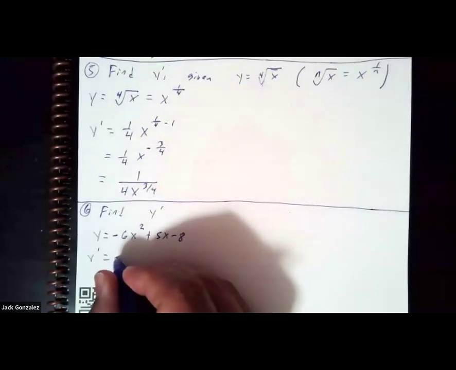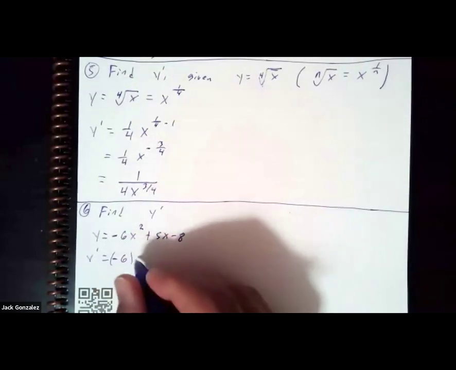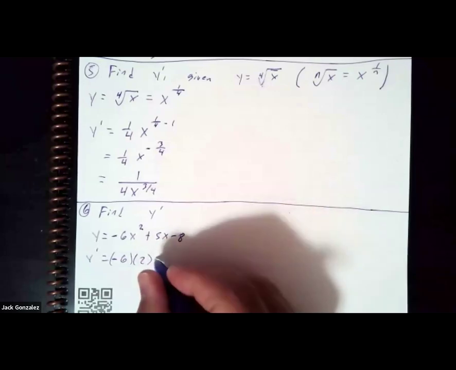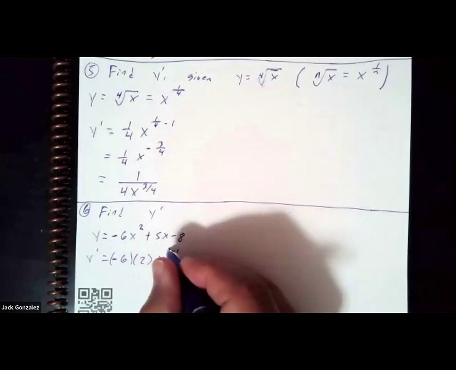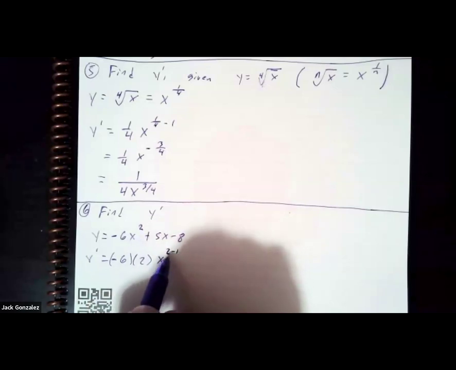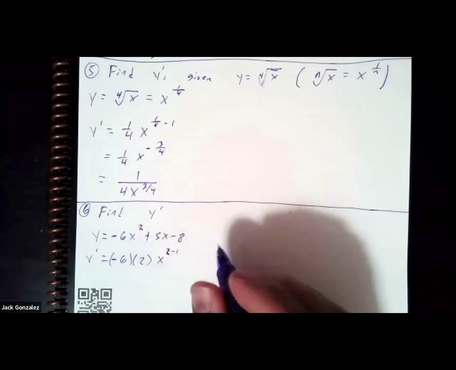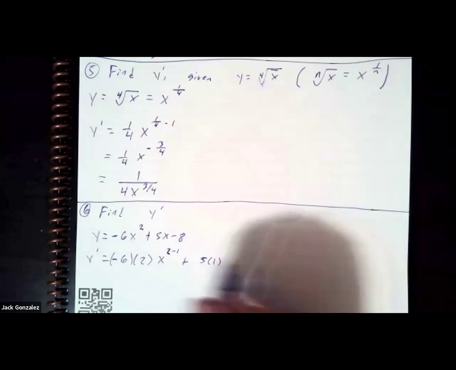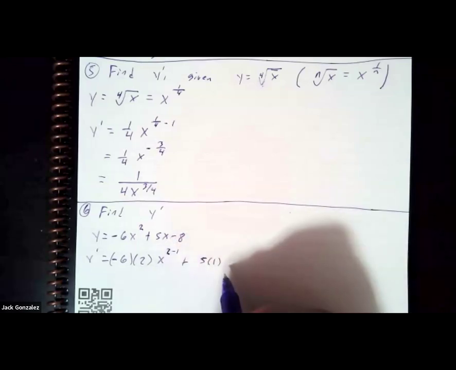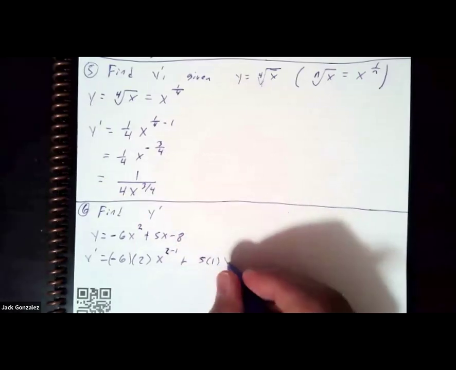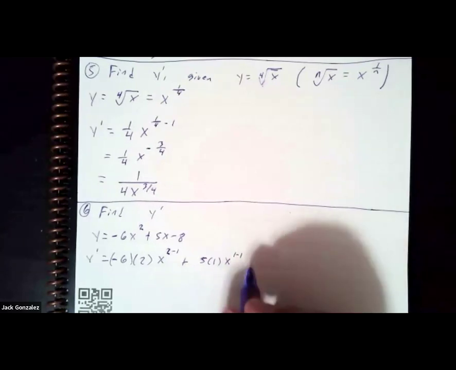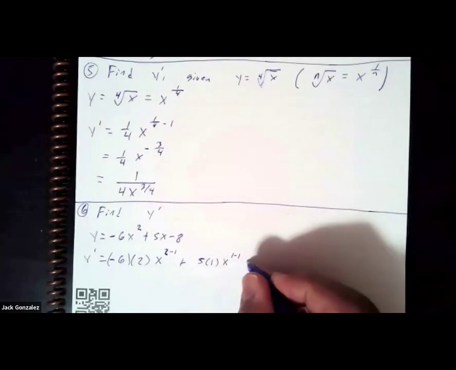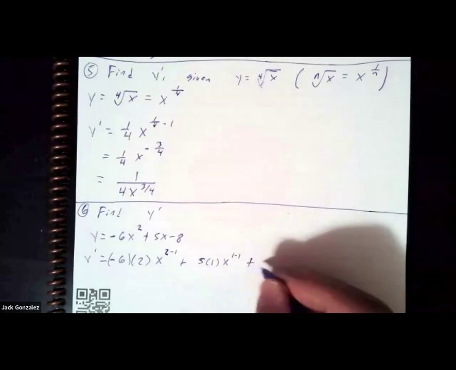So technically, when you have a number in front, just bring down the 2 in front of it, multiply. The rule says subtract 1 from the original, 2 minus 1, but bring that 2 down. So 5, there's no power on the x, but it's not written, but we know it's a 1, right? So 1 minus 1, bring down the 1. The last part is a 0.